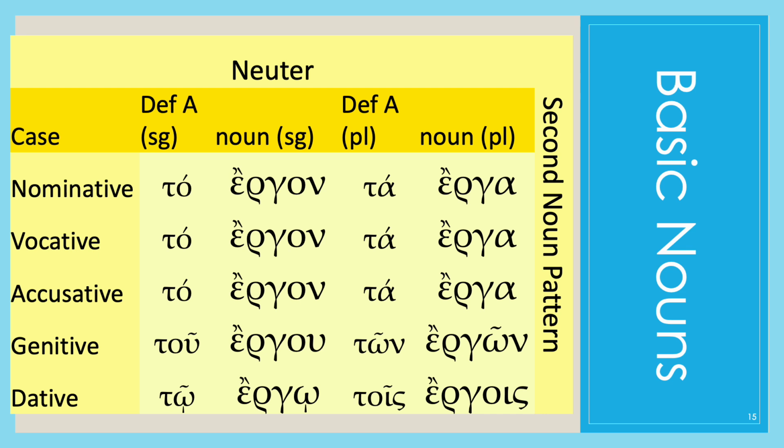Vocative wouldn't really be used in this case for a neuter. Genitive is tu ergu. Dative to ergo. And then in the plural, ta erga covers nominative, vocative, and accusative plural. Ton ergon for the genitive plural, and tois ergois for the dative plural.